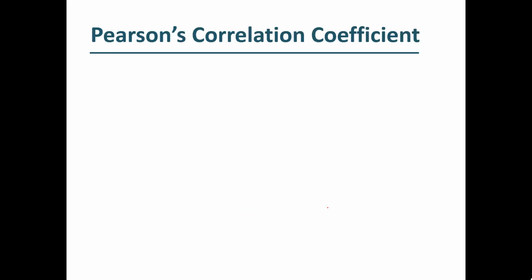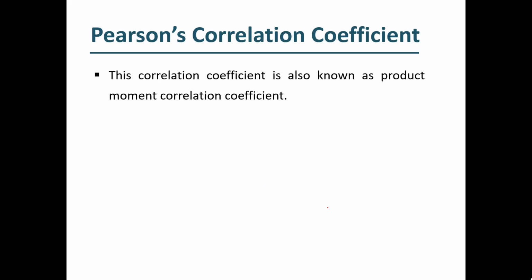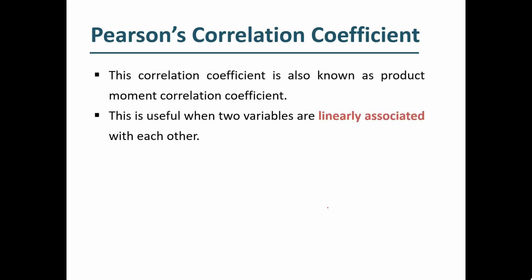Okay, let's understand Pearson's correlation coefficient. This correlation coefficient is also known as the product moment correlation coefficient. It is useful when two variables are linearly associated with each other. Pearson's correlation coefficient only examines the linear association, and it is not useful when you have a non-linear association.